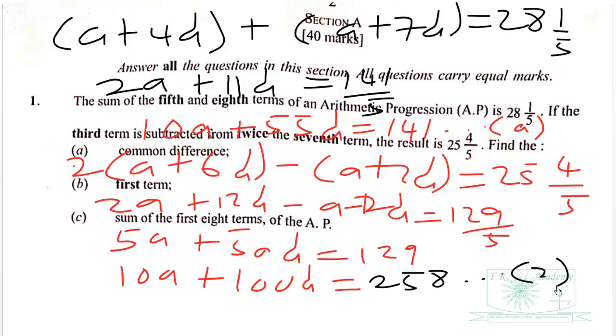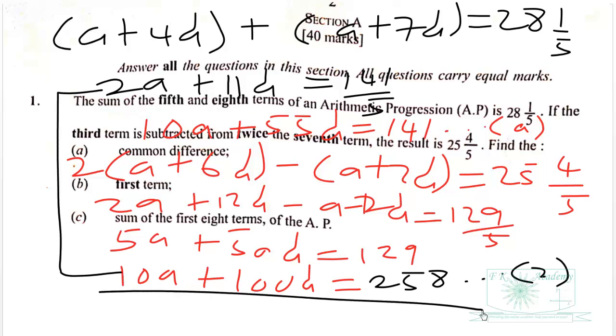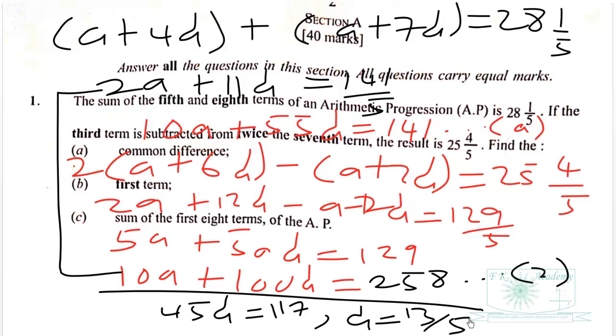We can solve these two equations simultaneously. When we subtract the two equations, we obtain 45d is equal to 117. So when we divide through by 45, we get d to be equal to 13 over 5, or 2.6.